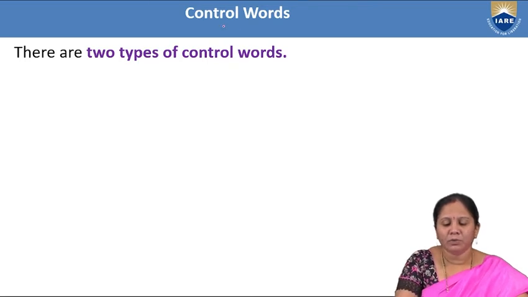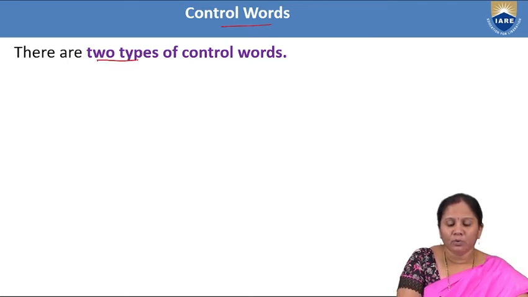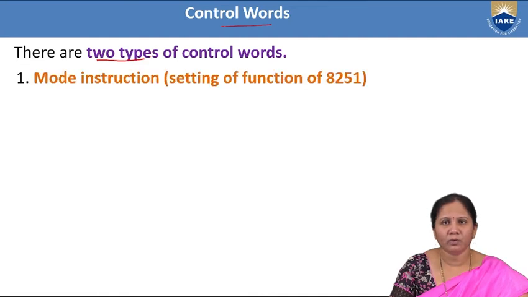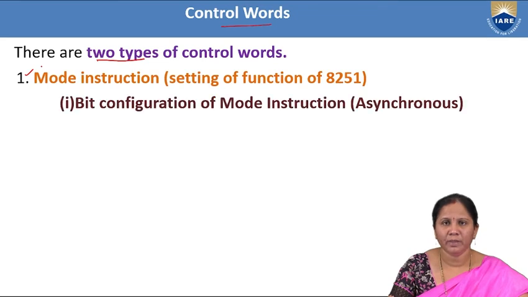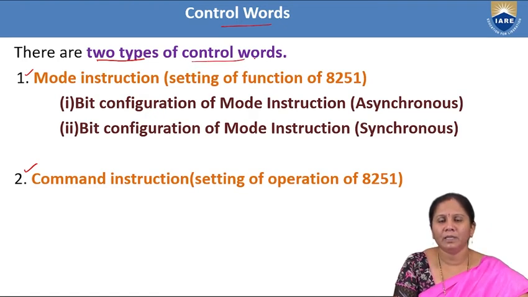Now, coming to the control words that are available in this 8251 USART, there are two types of control words. One is mode instruction and another one is command instruction. So these are the two types of control words available in 8251 USART.